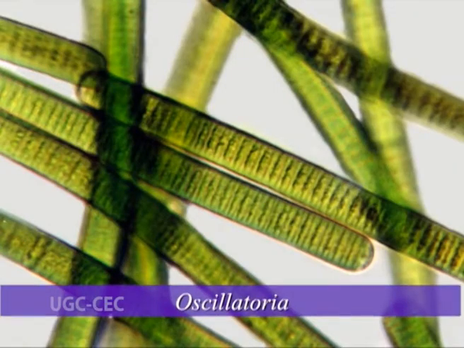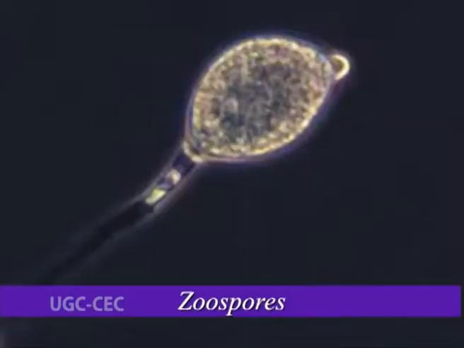A filamentous alga like Oscillatoria has oscillatory movement. Similarly, some of the individual cells like zoospores, which have flagella, are also motile in aqueous medium.